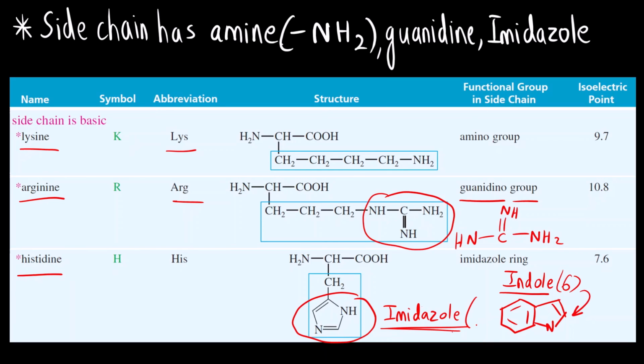Imidazole, the name is big, 9 letters, but the structure is smaller. It is opposite. So in this way you can remember the structures of indole and imidazole.